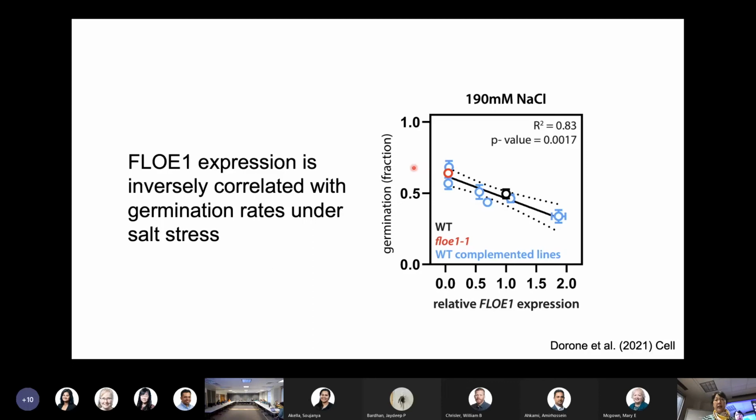And you can see a nice negative correlation of germination fraction as a function of the amount of protein there is. This is looking at the protein level using GFP antibodies. So there's this very interesting correlation between FLO1's ability to control germination under low water potential.